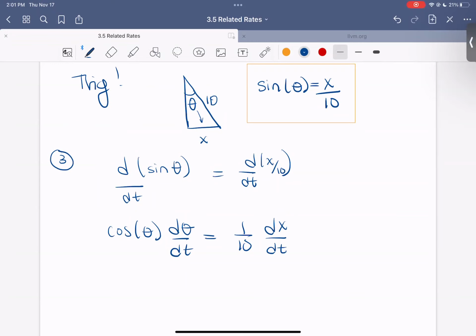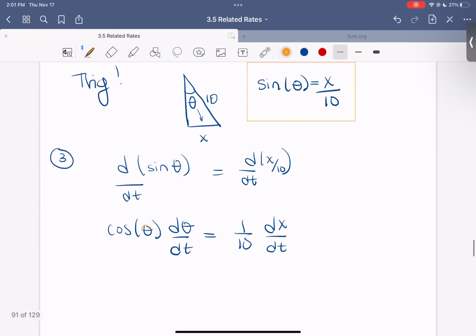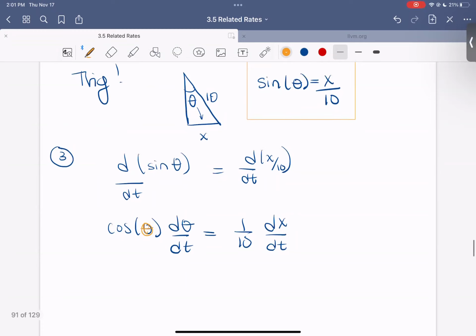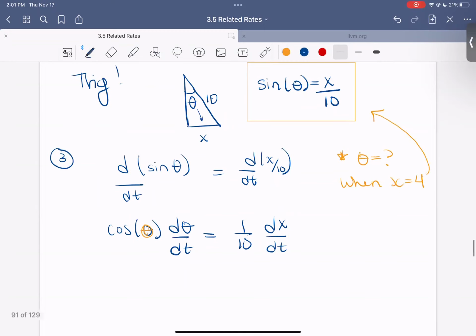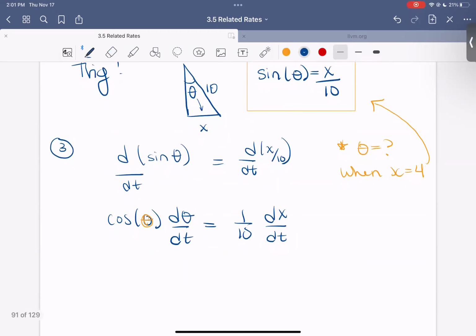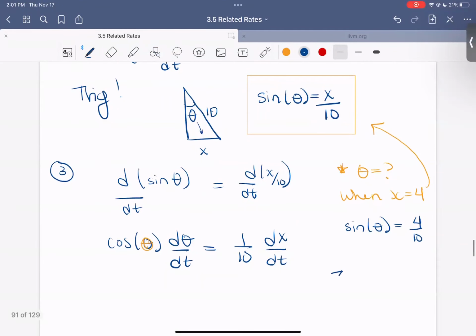So now the only bit of info we need is to find out what the value of theta is when x is equal to 4. We can just do that as a side. Theta equals what when x equals 4? Well, we can use this equation relating theta and x. So we have sine of theta equals 4 over 10. This means we can use the arc sine to find that value of theta.